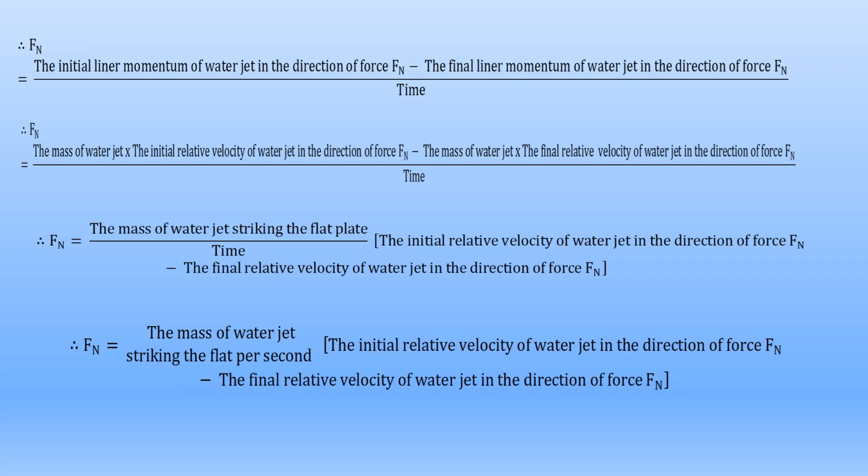You know that the mass of water jet striking the flat plate divided by time is the mass of water jet striking the flat plate per second, into the initial relative velocity VIR minus the final relative velocity VFR in the direction of force Fn.